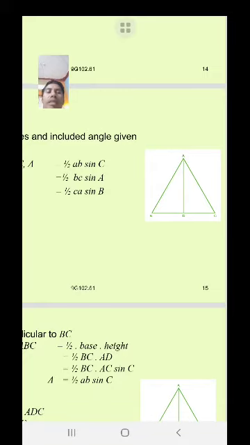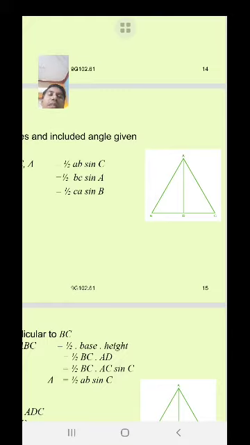See here, from triangle ABC in the diagram, the base is BC. The side BC is indicated as small a because it is opposite to angle A, so half into a we can understand. The height here, AD, is the height of the triangle ABC, so AD is perpendicular to BC. So actually we have to write half into a into AD.